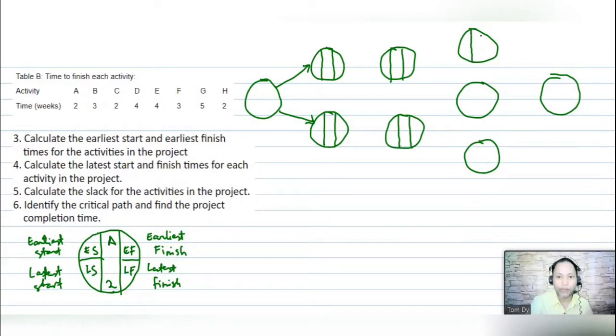Okay, so we have here a line. Of course, this will be divided by this line. For A, we have here our A and then 2. For B, we have B, and the duration of the activity is 3. And then C, we have 2. And then this one is D, which is 4.